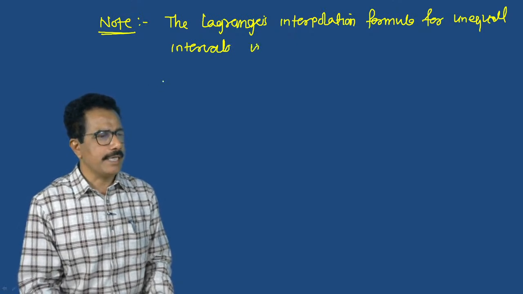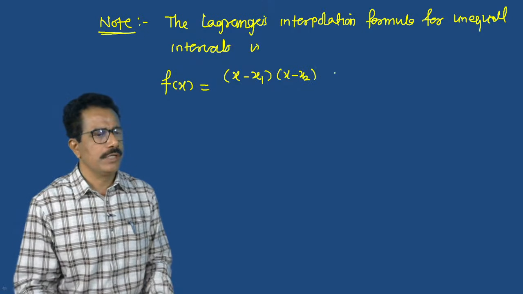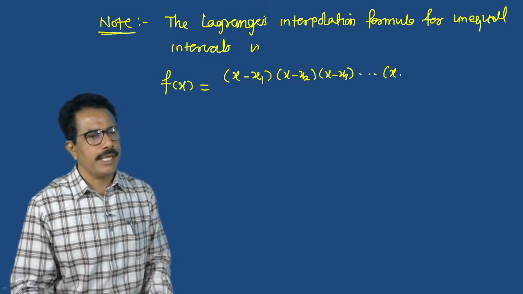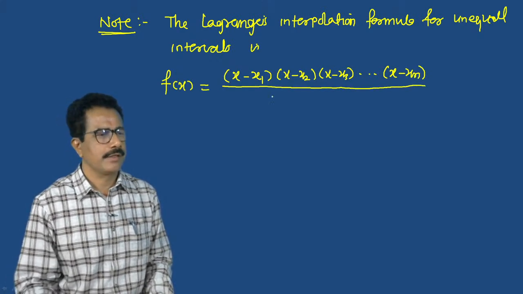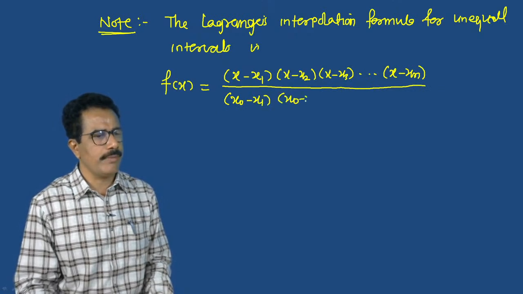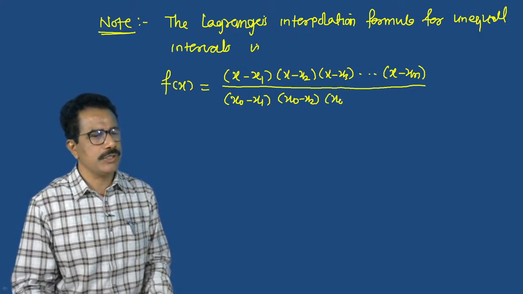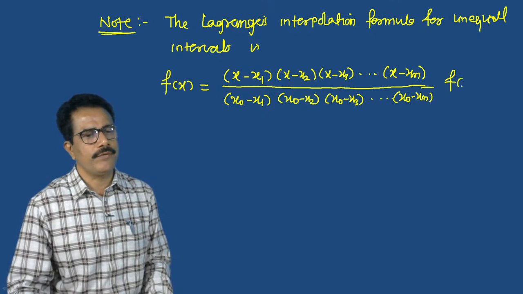is, आता लिहा फॉर्म्युला, f of x equals to x minus x1 x minus x2 x minus x3 dot dot dot x minus xn divided by x0 minus x1 x0 minus x2 x0 minus x3 dot dot dot x0 minus xn f of x0.